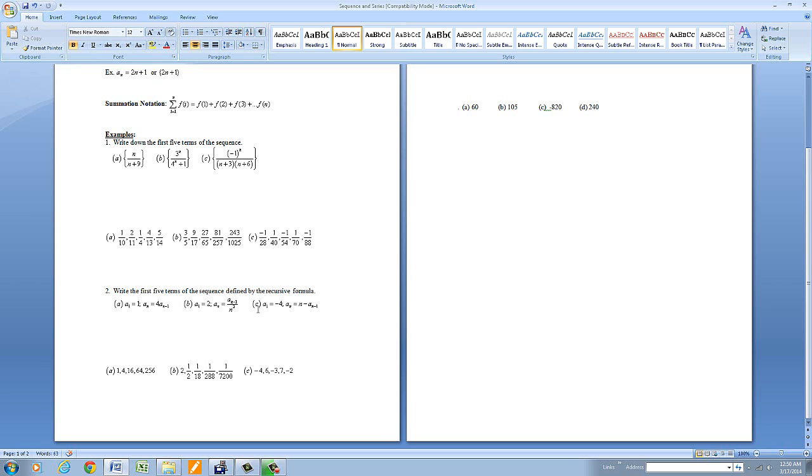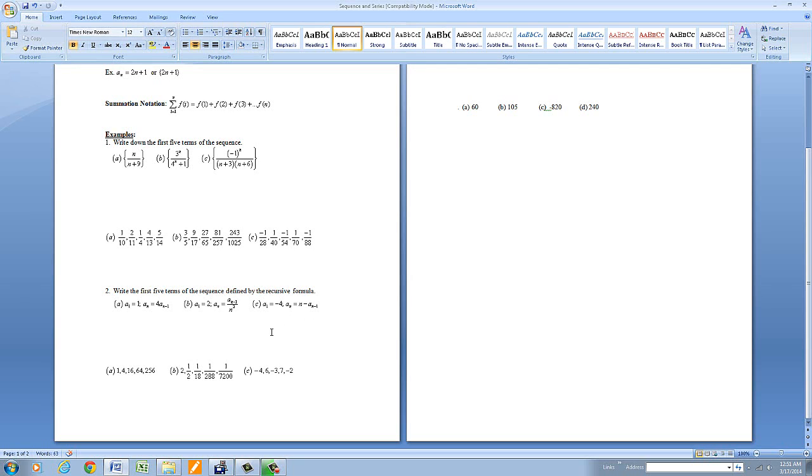Now the next one, C, it tells you the first term. It tells you, okay, the first term is -4, and you want the first 5 terms. So according to this formula, if you want the nth term, that's going to equal n, whatever n is, minus a sub n minus 1. Okay, so a sub n minus 1 is the previous term.